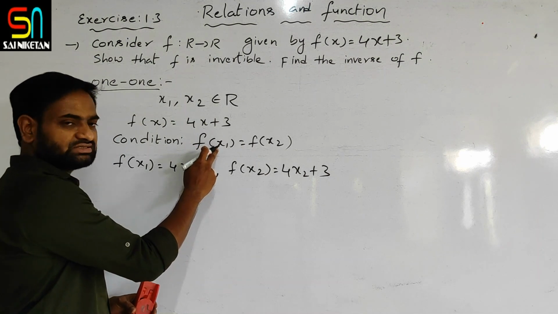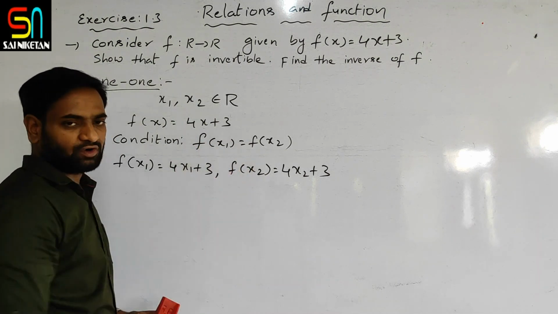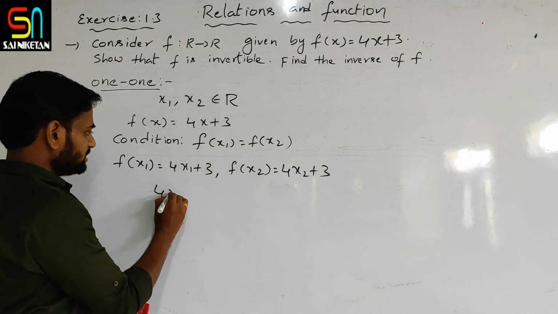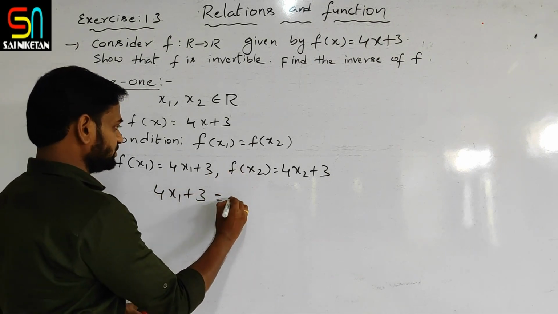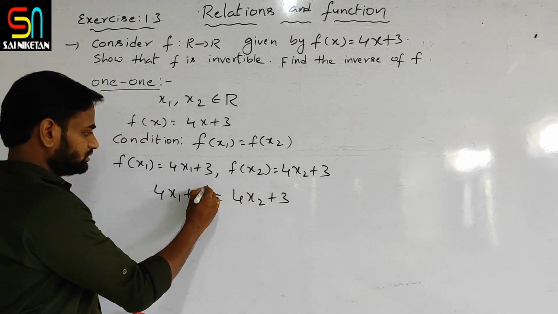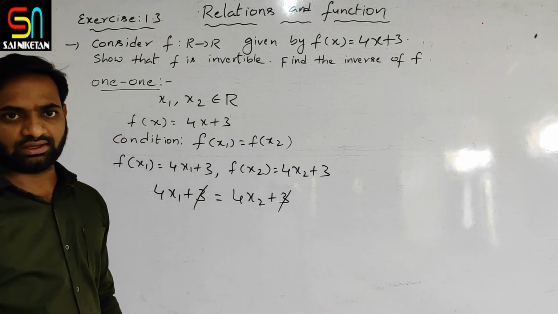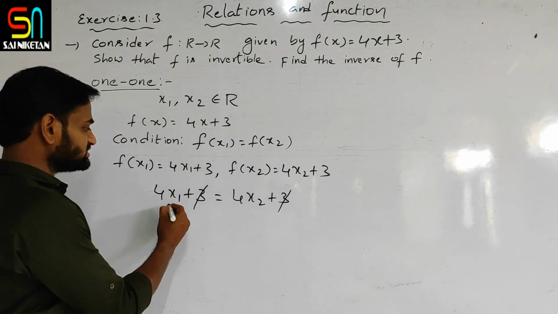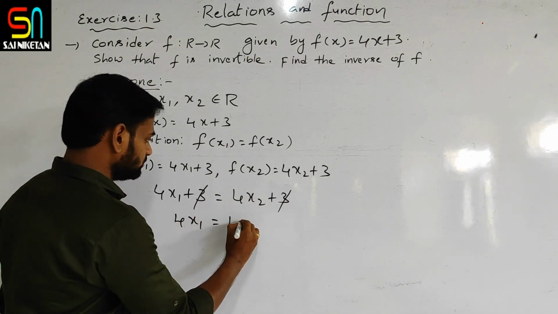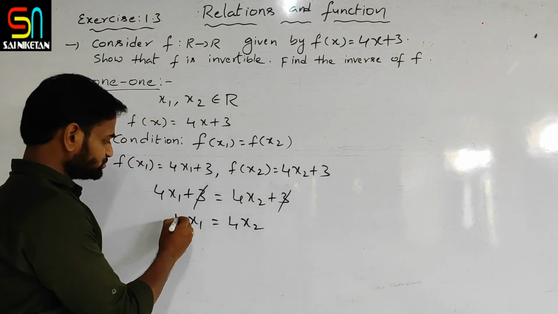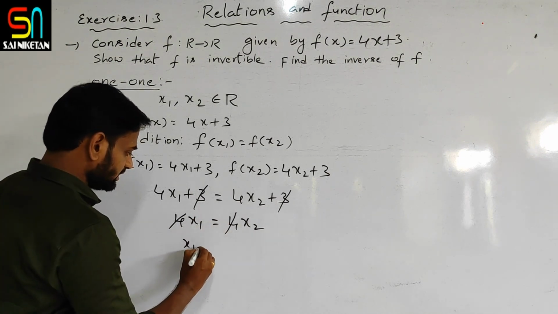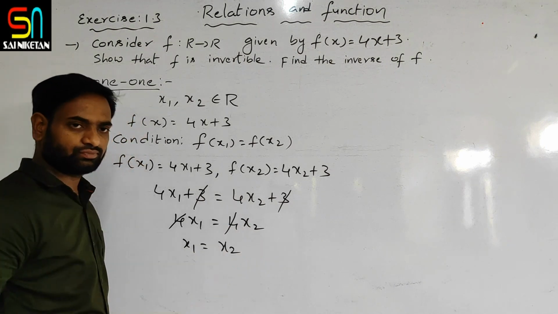The condition is f of x1 equal to f of x2, so equate these two: 4x1 plus 3 is equal to 4x2 plus 3. Now 3 gets cancelled. What remains is 4x1 equal to 4x2. So 4 gets cancelled. Finally, x1 equal to x2.